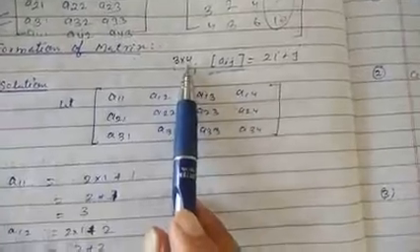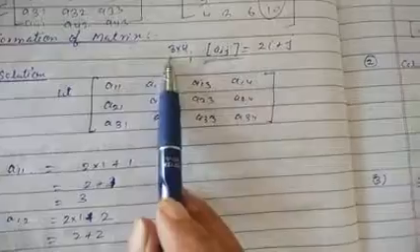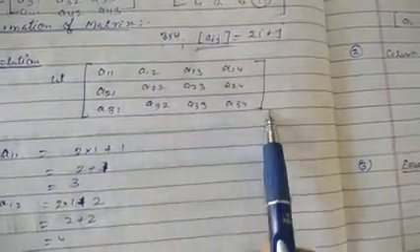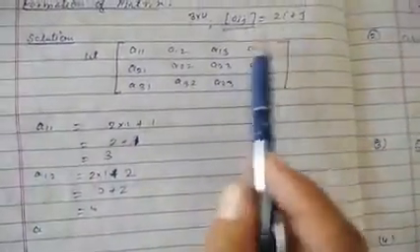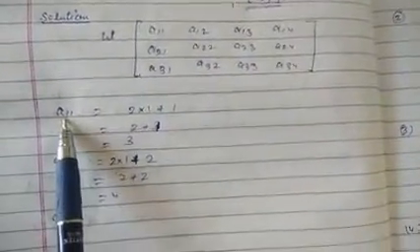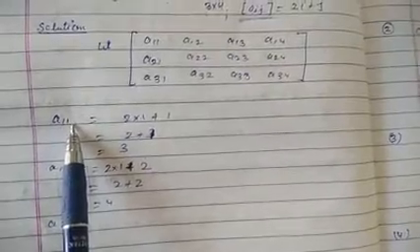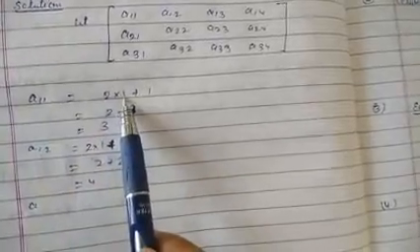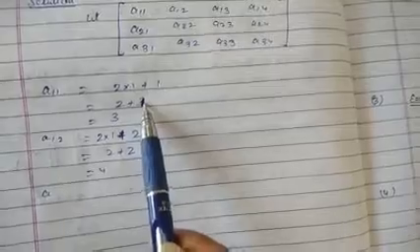The reason is that there are 4 columns, so we make the 4 columns first and 3 rows: A21, A31, and all the elements. After that we find the condition one by one. A11: in place of the row we write 1, and in place of the column also 1. That means in place of i and j. 2 into 1 plus 1, 2 plus 1, 3.